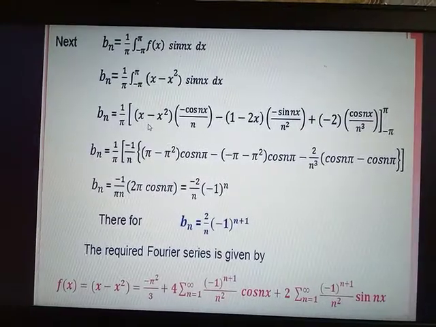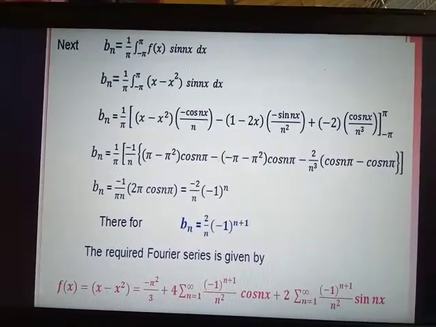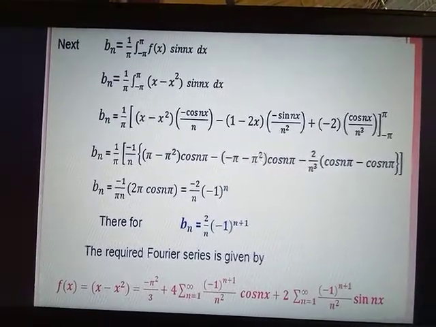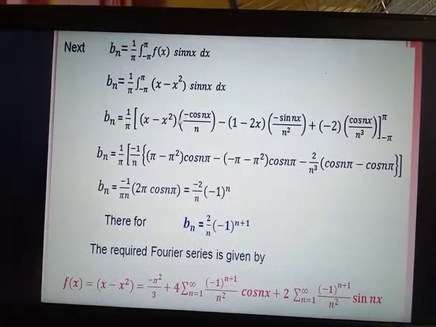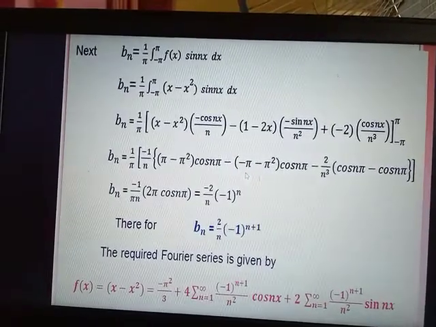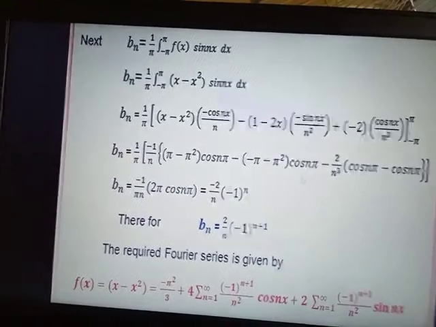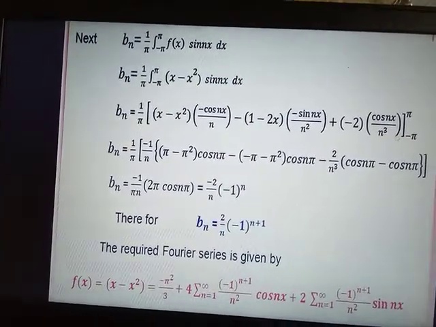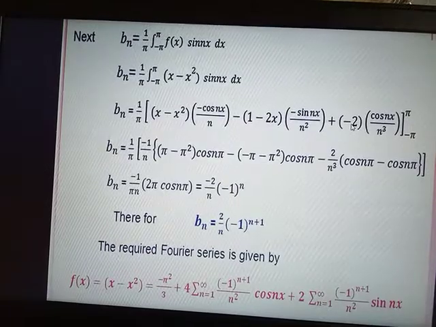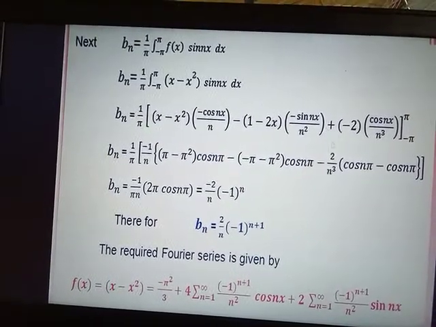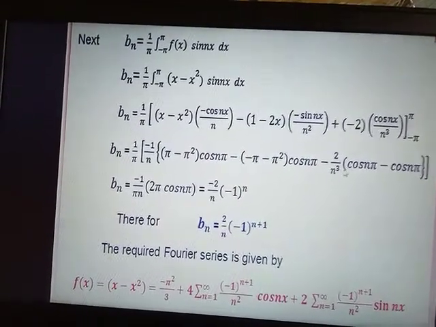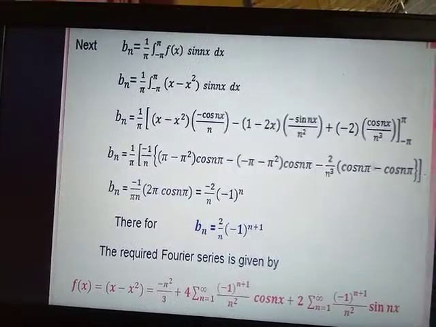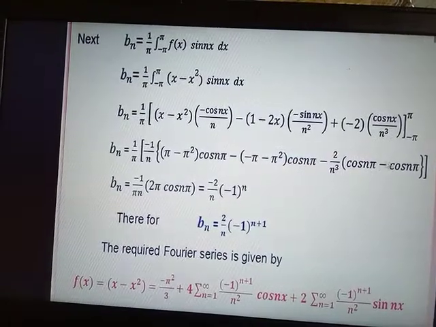Then apply upper limit pi minus pi square into cos n pi, minus lower limit is minus pi square, minus pi whole square is pi square, therefore it is minus pi square, cos of minus theta is cos theta, therefore it is cos n pi. Minus, then from this last term take minus 2 by n cube, here plus into minus is minus, 2 by n cube is constant, then apply upper limit and lower limit for this cos nx, we get cos n pi minus cos n pi.